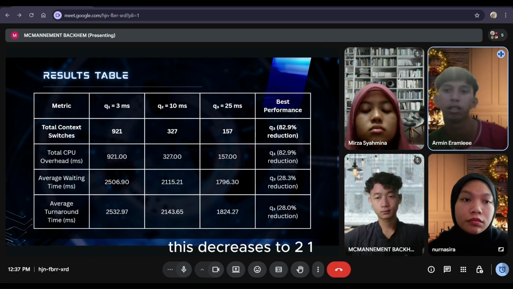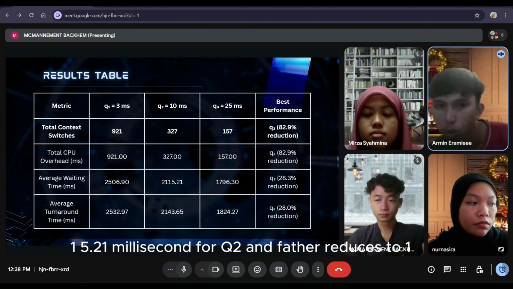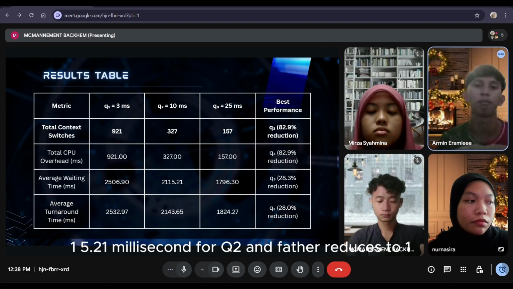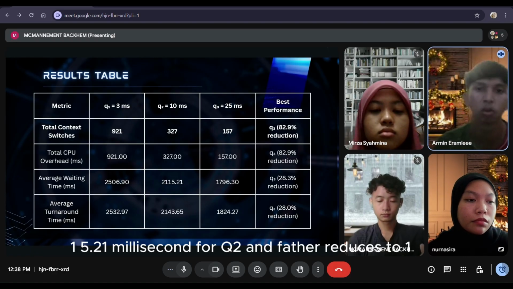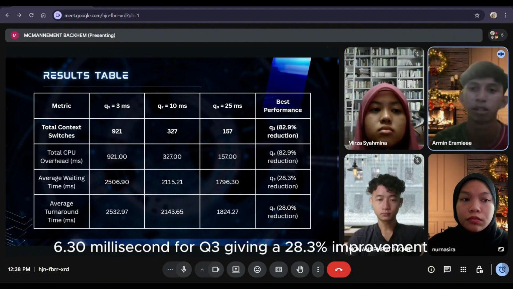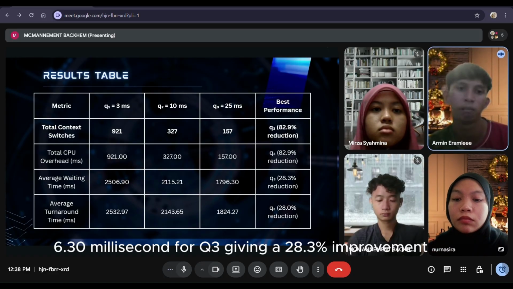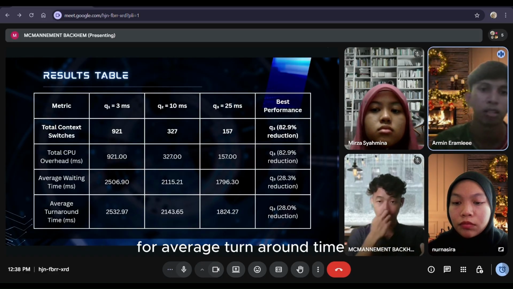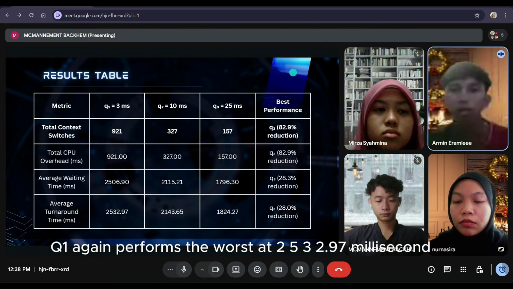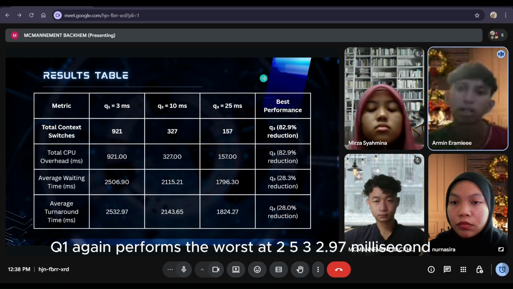In terms of average waiting time, Q1 has the highest value at 2506.90 milliseconds. This decreases to 2115.21 milliseconds for Q2 and further reduces to 1796.30 milliseconds for Q3, giving a 28.3% improvement. For average turnaround time, Q1 again performs the worst at 2532.97 milliseconds.